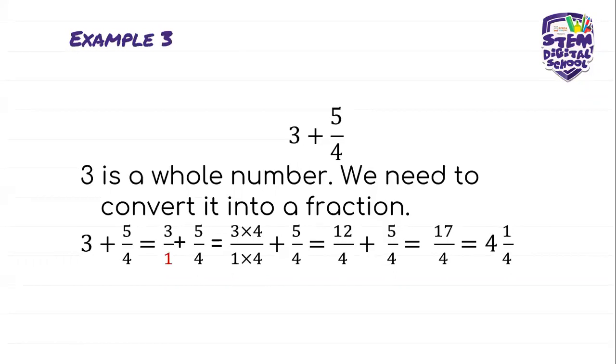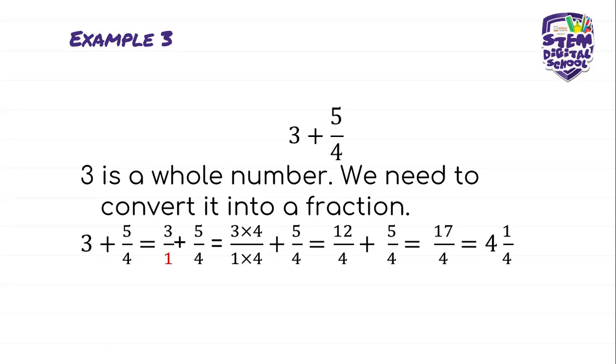And of course, at this point, we are now multiplying 3 by 4 to get 12. That is our numerator. And 1 times 4 is 4. That is our denominator. Plus 5 over 4. That is our fraction there. So now we have got 2 fractions. We are adding 2 fractions with the same denominator.